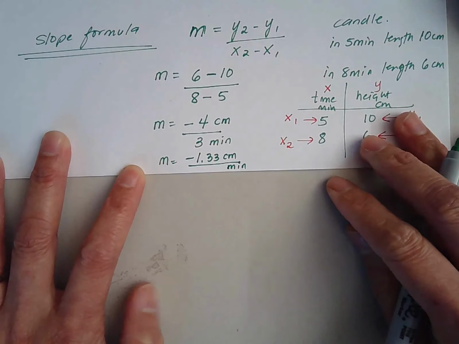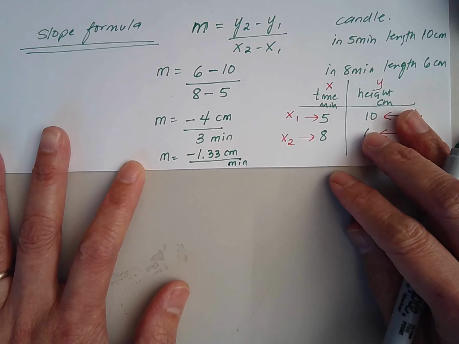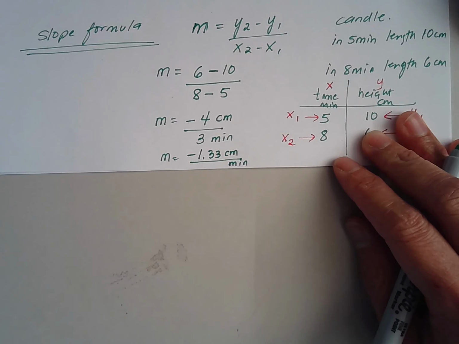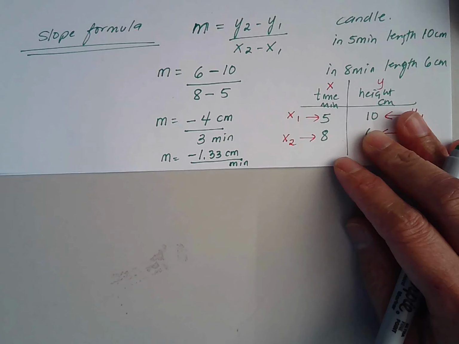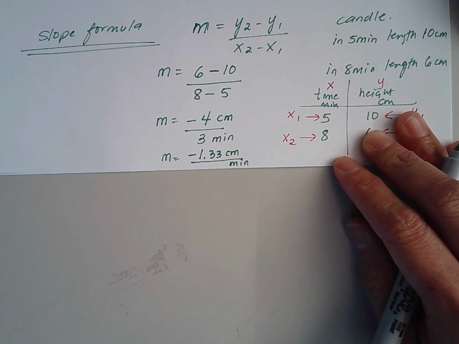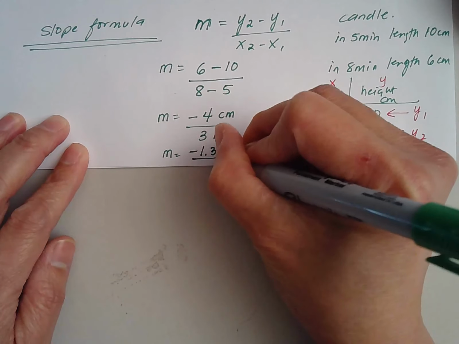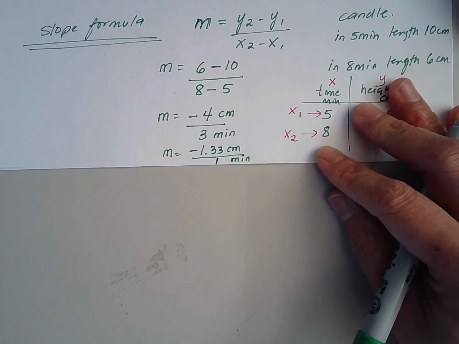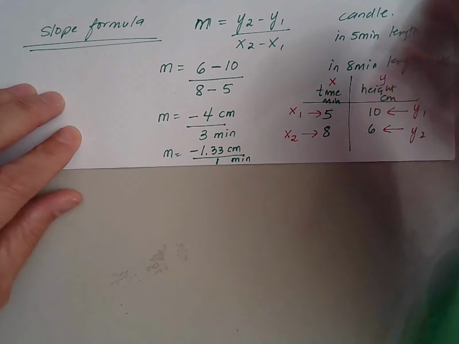Well, what does that mean? Every minute it's going down. It's now broken up, not per 3 minutes, but it's now going down by 1.333 per 1 minute. Okay, so this slope business has a meaning. It's the rate of change. Okay, so far so good?